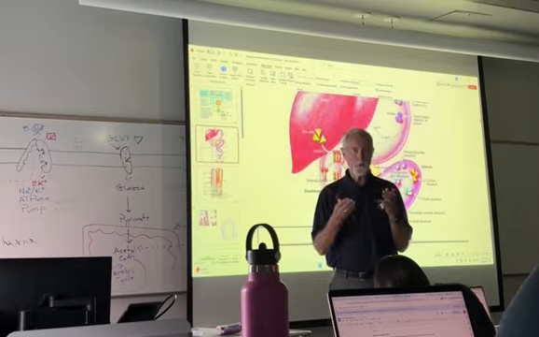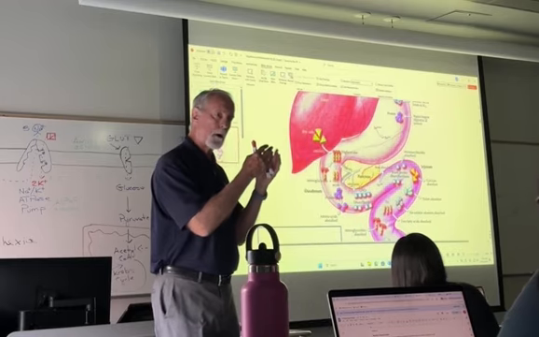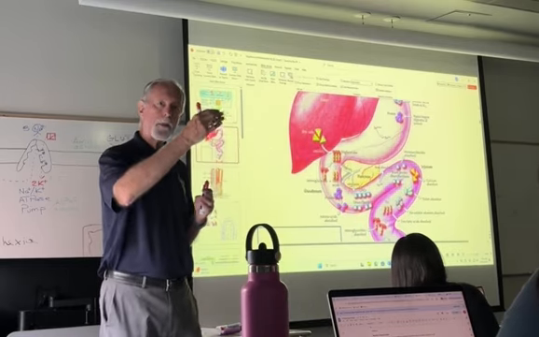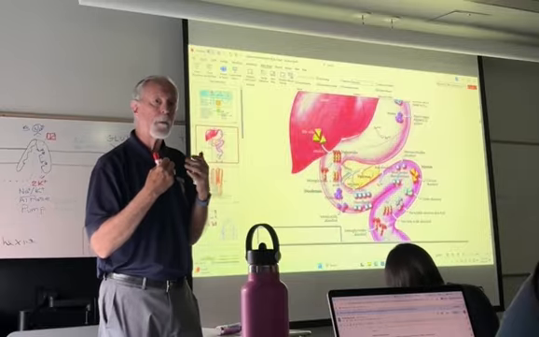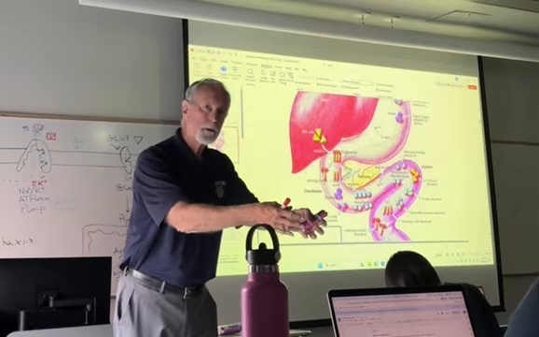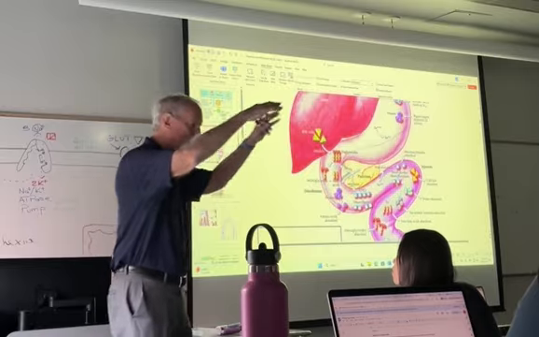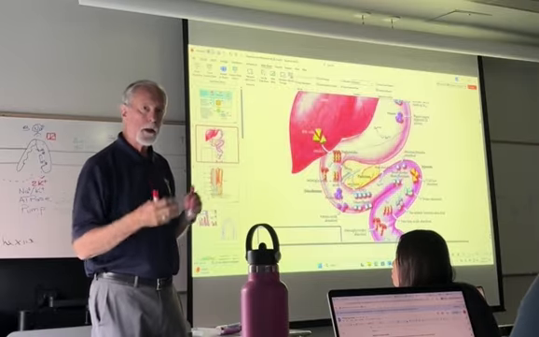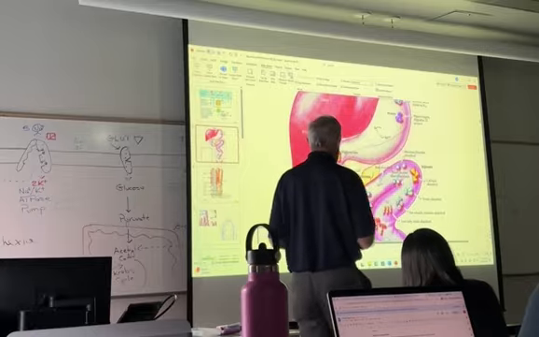And what's important to realize is that these disaccharides are broken down to monosaccharides, and then the monosaccharides are absorbed. What do we mean by absorbing? What we mean by that is we're putting it into the blood. And now we can use the blood to carry these food molecules all throughout the body to the cells that are in need of energy.